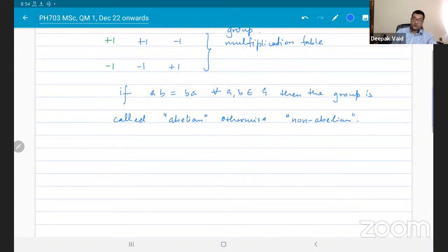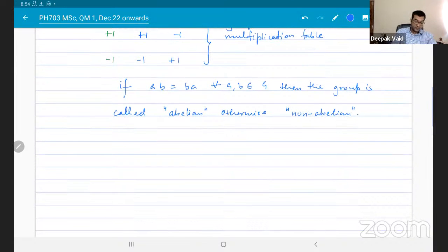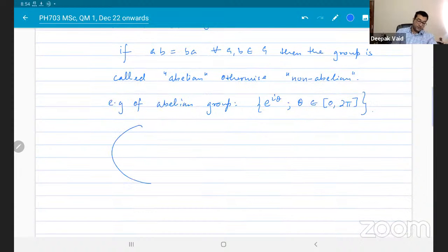Okay. So an example of an abelian group: e to the i theta, where theta goes from 0 to 2 pi. So basically the points on a circle, right?